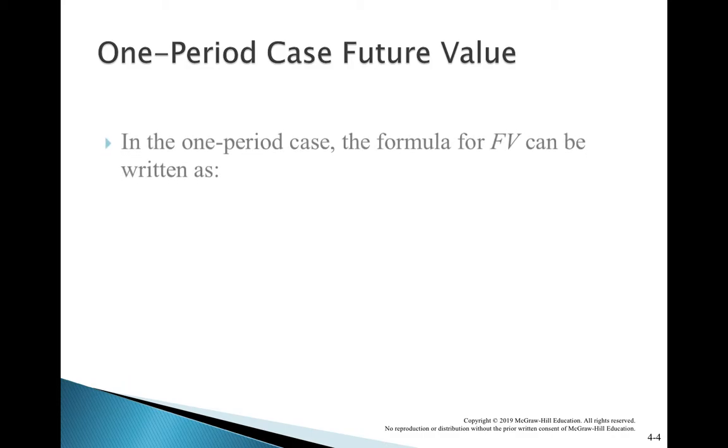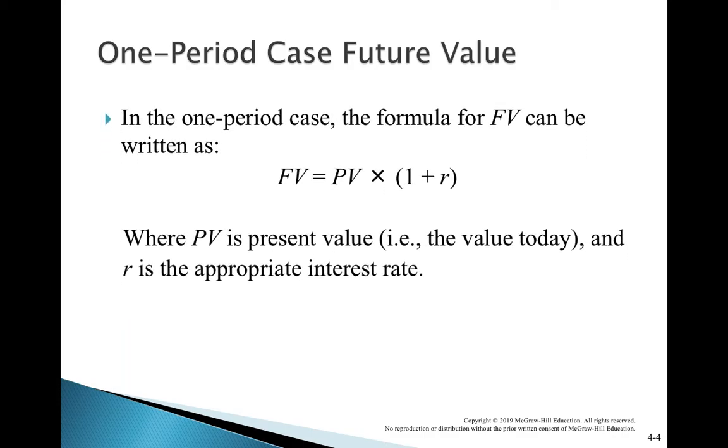Future value is equal to present value, that is 10,000 in our previous case, multiplied by 1 plus R. Because it is a single period, there is no need for time, as time is equal to 1 year. So future value is equal to present value times 1 plus R. Let us do it.